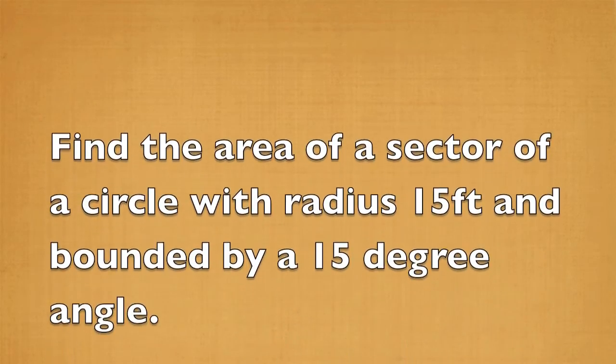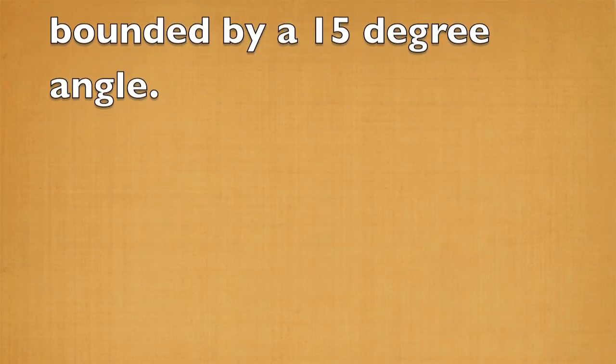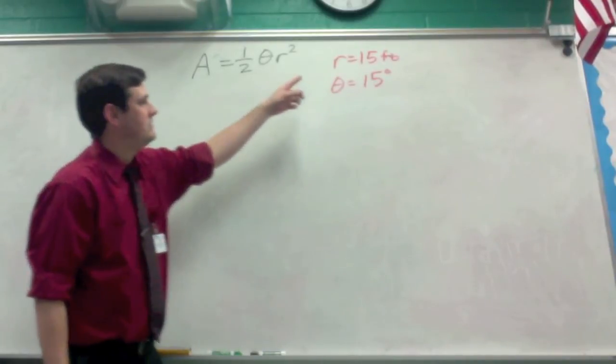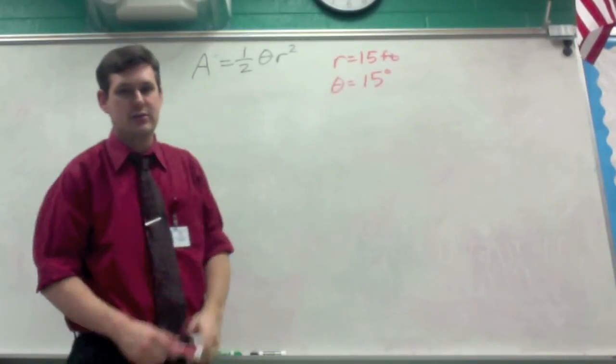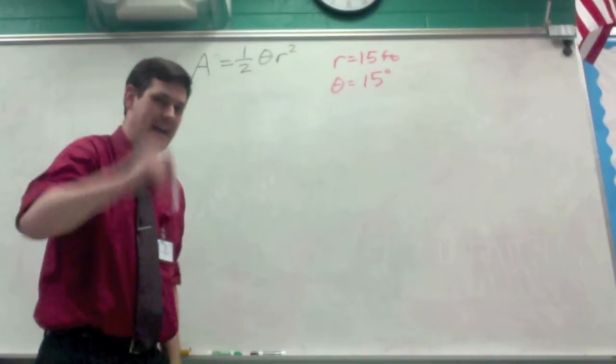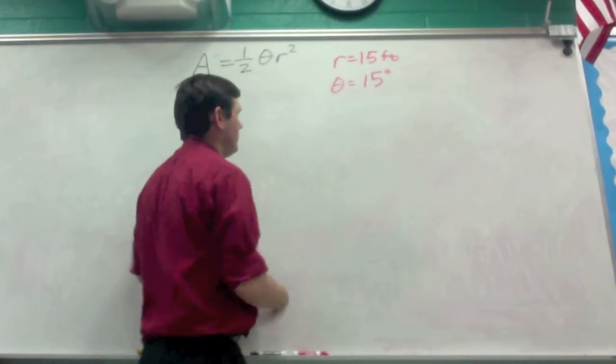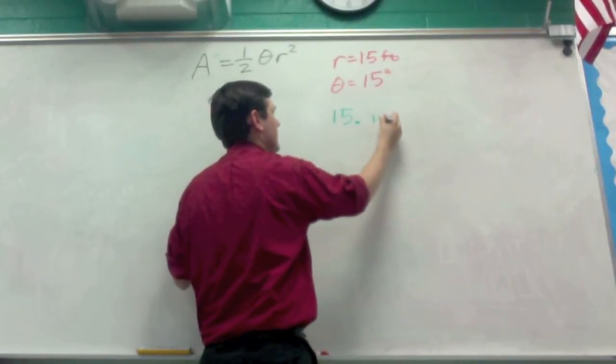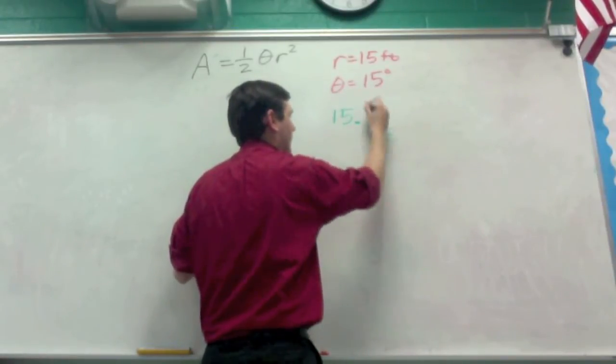Last word problem. Find the area of a sector of a circle with radius 15 feet bounded by a 15-degree angle. Whole lot of 15s this time. So the radius is 15 feet, theta is 15 degrees. Can't plug 15 degrees in, have to change it to radians. So we do that first. 15 times pi over 180.